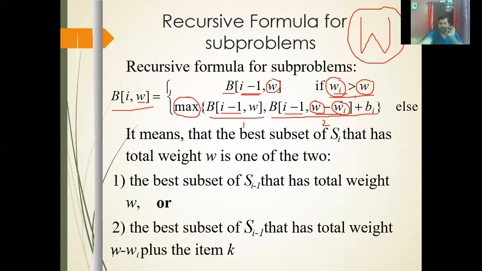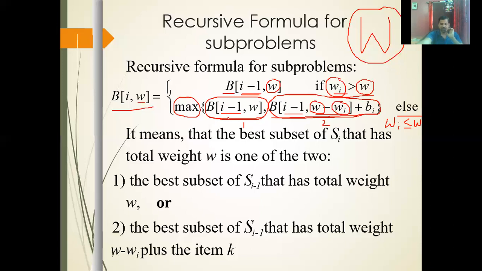Suppose Wi is lesser than or equal to small w, that is the else part. So there are two sections here. This is the first section, and this is the other section.